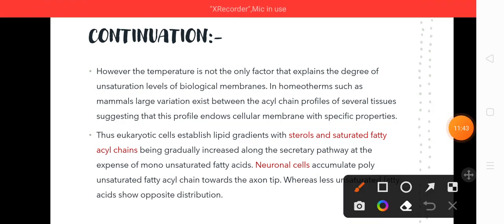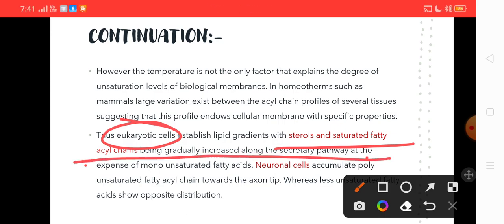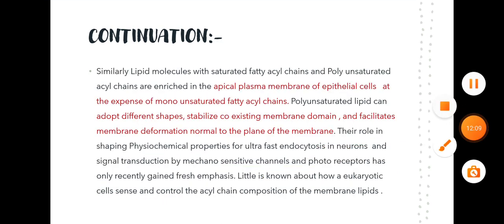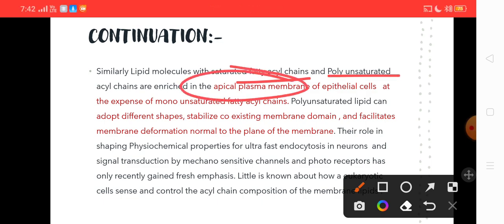If you analyze the lipid composition in eukaryotic organisms, you will find that eukaryotic cells have a gradient of lipid, with sterol and saturated fatty acid in the secretory pathways, as well as polyunsaturated fatty acid chains in neuronal cells, especially in the axon tip, and saturated as well as polyunsaturated fatty acid in the apical plasma membrane of epithelial cells.